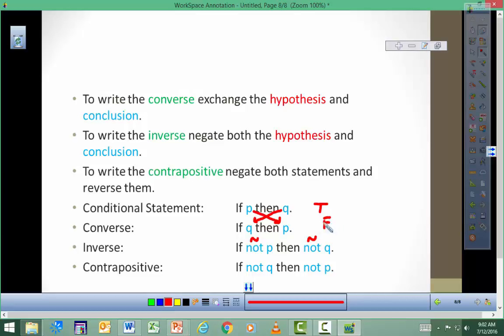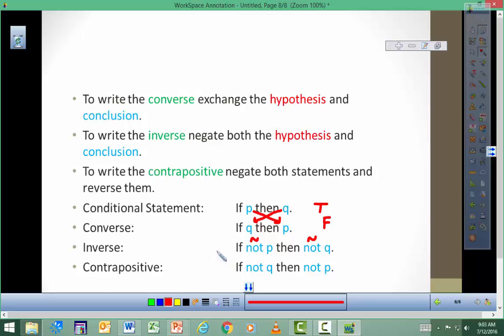Okay, and if we look at this statement here and we go to my Corvette example, this one would say if I don't have a Corvette, then I don't have a Chevy. Well, as you might imagine, that's not necessarily true.